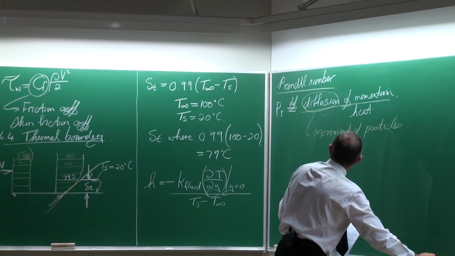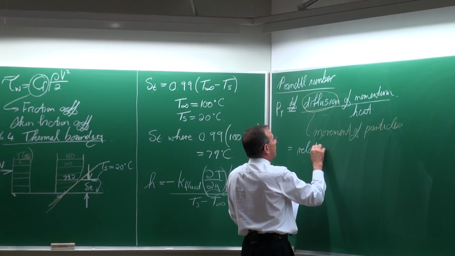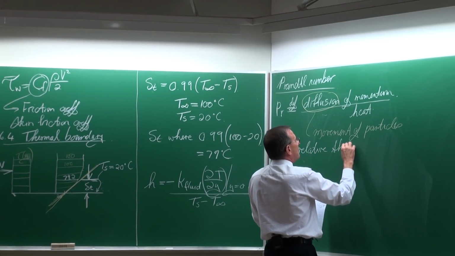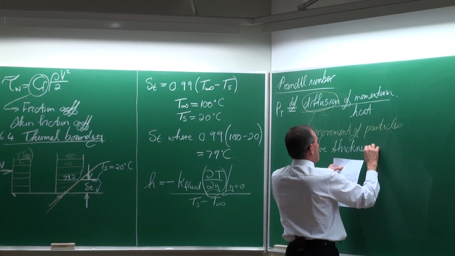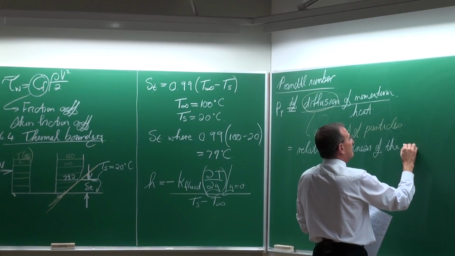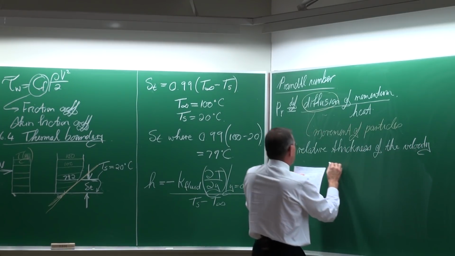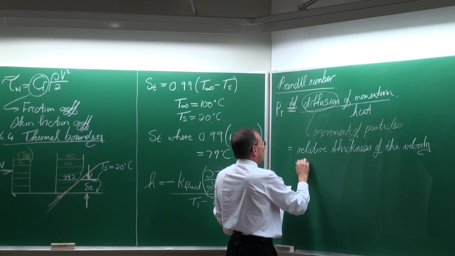And that gives us an indication of the relative thickness of the velocity and thermal boundary layers.